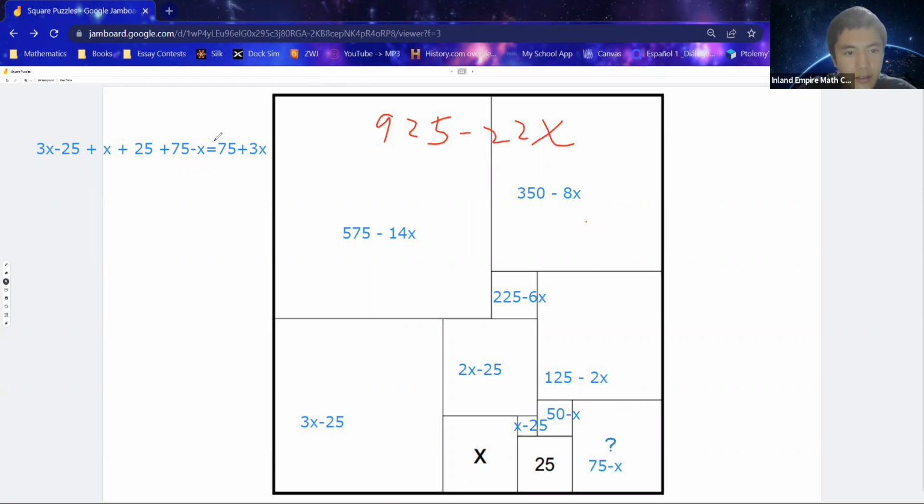Okay, so now we have two different expressions for the same side length, right? We know that 75 plus 3x has to be the same number as 925 minus 22x, right? Does everyone agree?